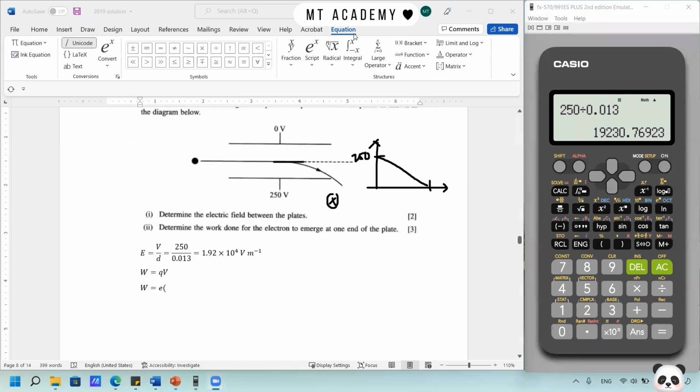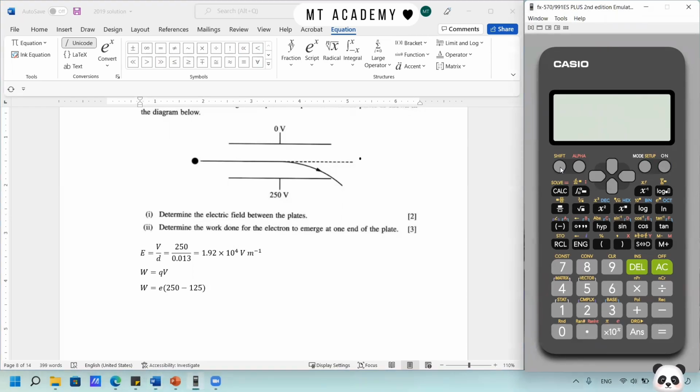If you are in the middle, it is half of the potential difference, which is 125 volt. So you are at a position where the electric potential is 125 volt. To calculate the change in the electric potential energy, the potential difference would be 250 minus 125 volt. This is how we do the calculation for the work done.